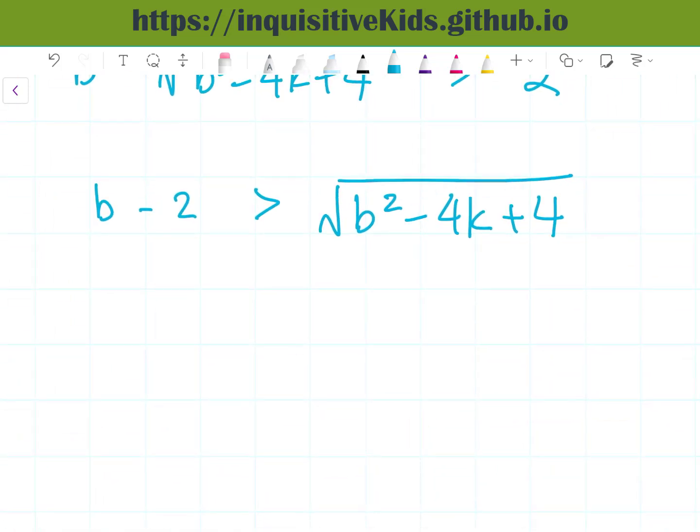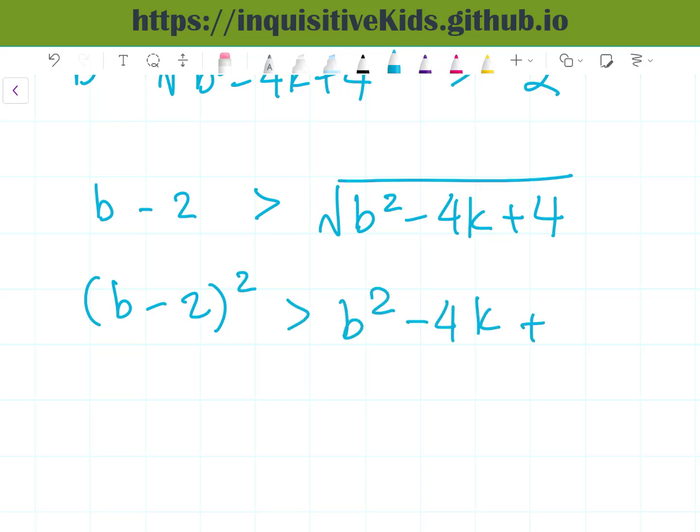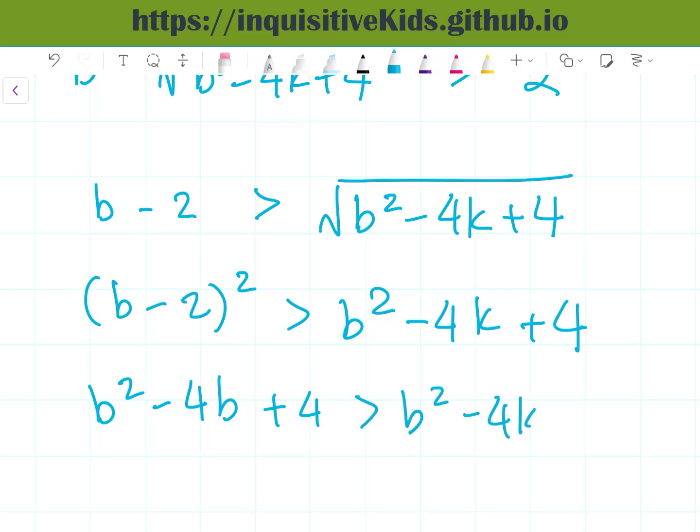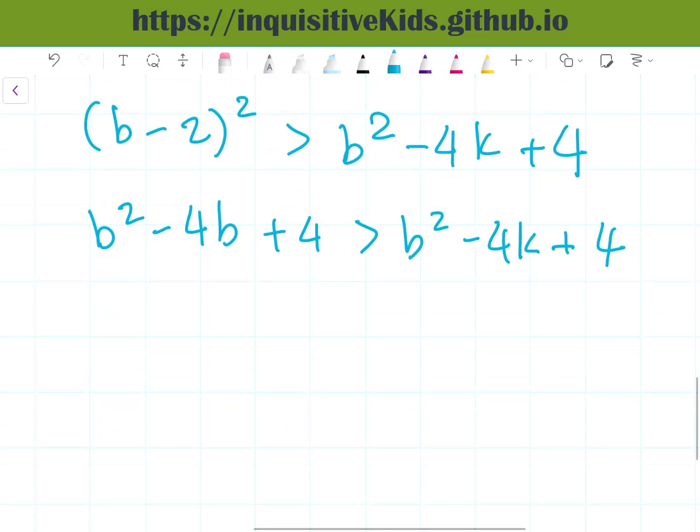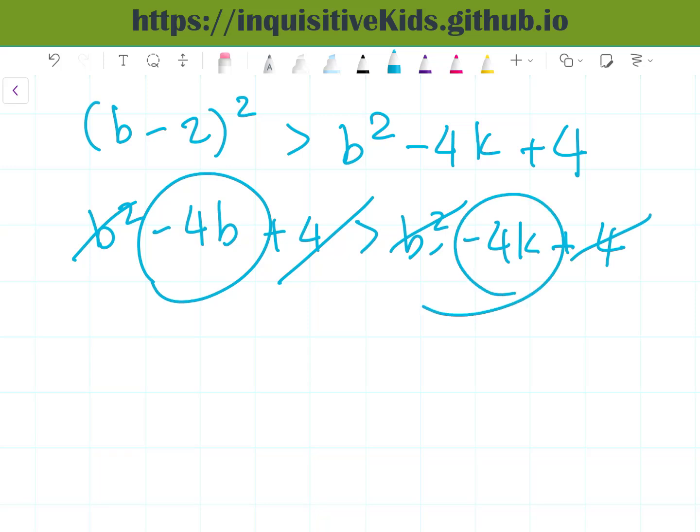Now we take the square of both sides. This gives us this. And then we can just multiply this side out into b squared minus 4b plus 4. Now let's see if this is true. Well, we see that these two sides are the exact same, right? We can cross them out, except for the middle term, which is negative 4b and negative 4k.